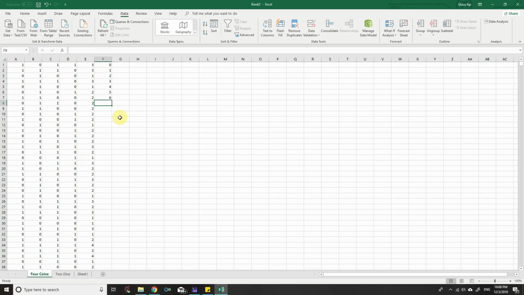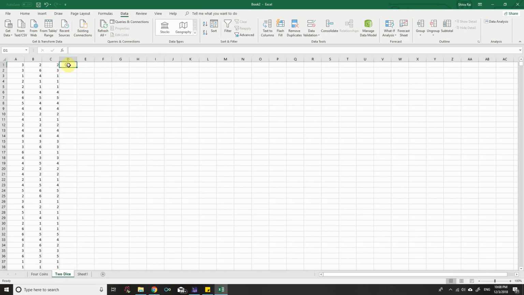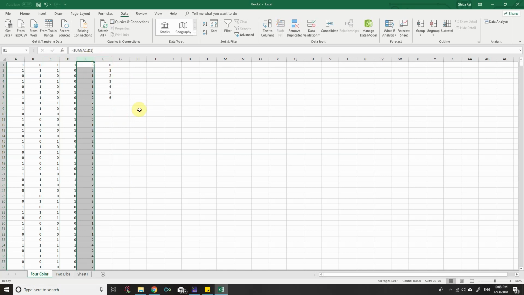So that's the bins for 4 coins. For the minimum of 2 dice, we also go for 0, 1, 2, 3, 4, 5, 6. So these are the bins for the minimum, and for 4 coins, these are the bins for the sum.